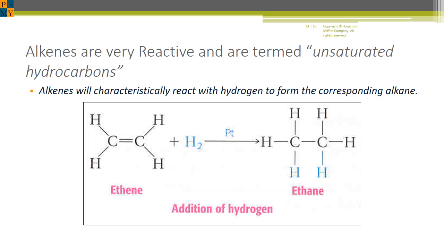Alkenes are referred to as unsaturated hydrocarbons because of the double bond. Another name for unsaturated hydrocarbons is olefins. They are much more reactive than alkanes, and you can think of the double bond as an unstable atomic bond.